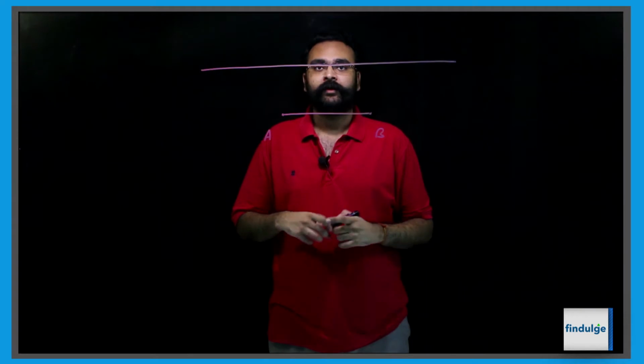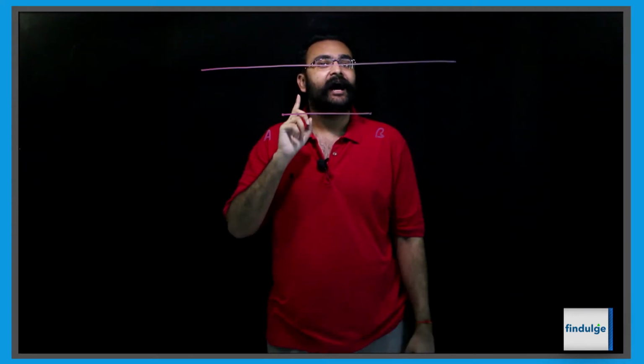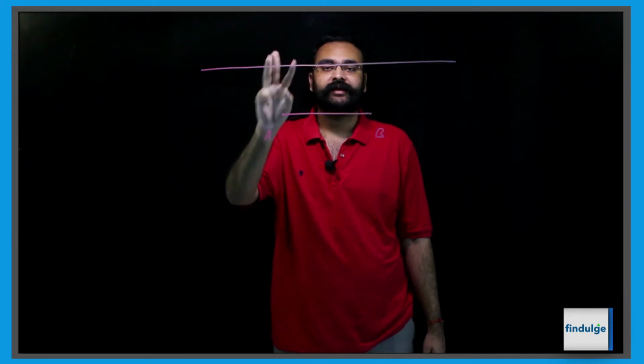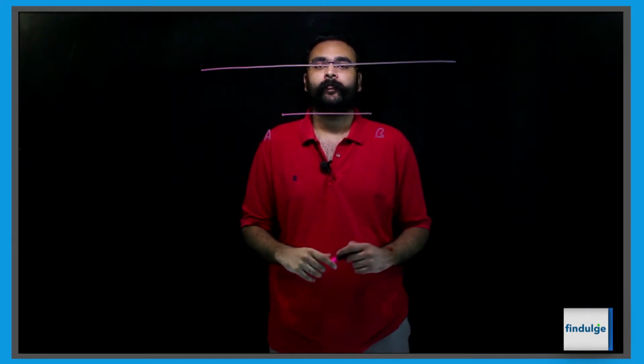Okay. We are told that this bridge is at a height of 3 meters above the river. Once again, when someone says height, they mean at any point on the bridge, the perpendicular distance is 3 meters.